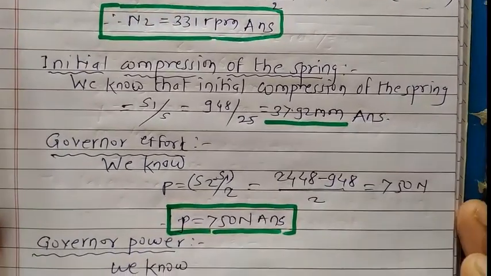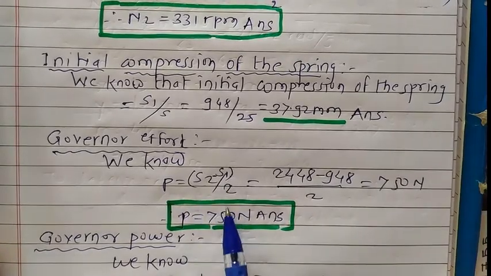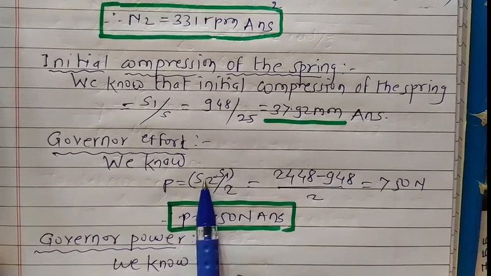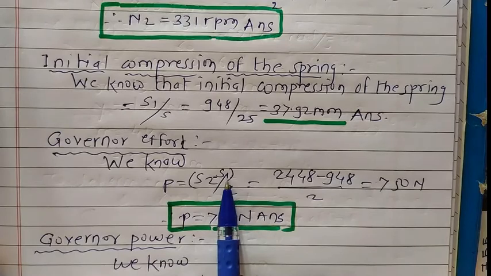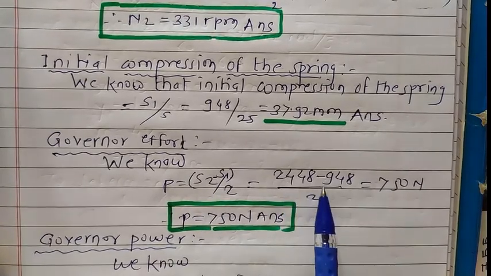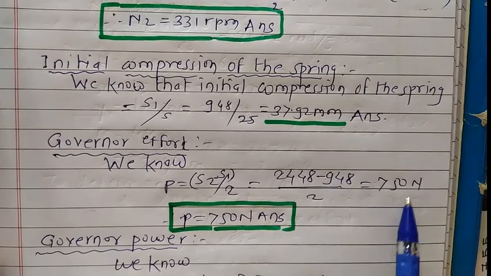Next one, governor effort. Governor effort is nothing but (S2 minus S1) divided by 2, where S2 is the spring force corresponding to the maximum position and S1 the minimum position. So (2448 minus 948) divided by 2, you can get 750 Newton.